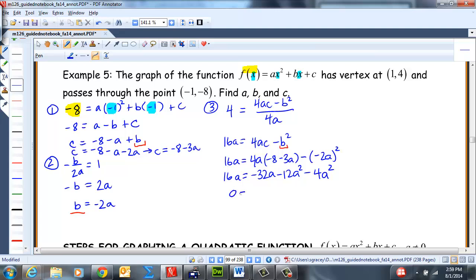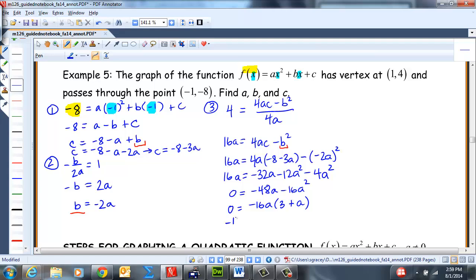So getting 0 on one side by subtracting 16a, we're going to get negative 48a minus 16a squared. So we can factor out a negative 16a to solve this, and we'll get 3 plus a.